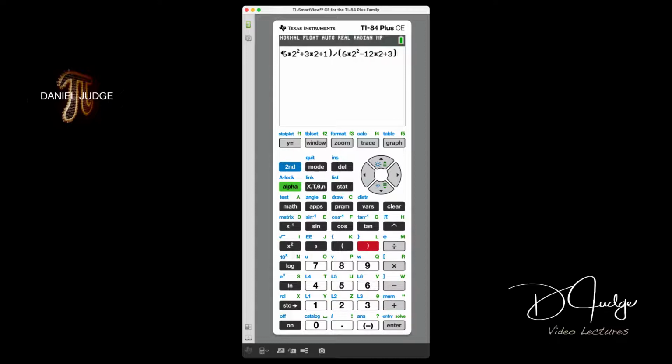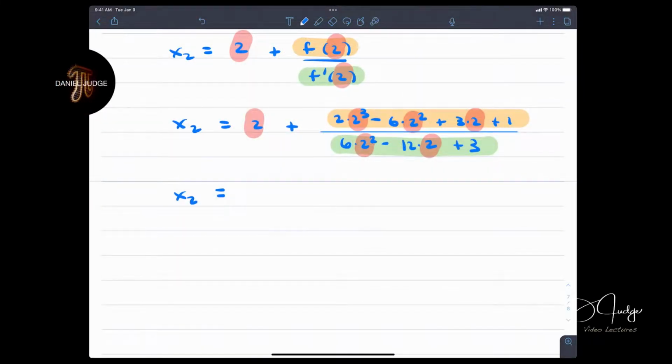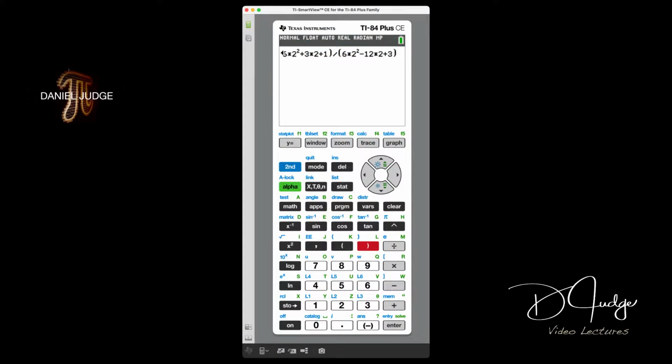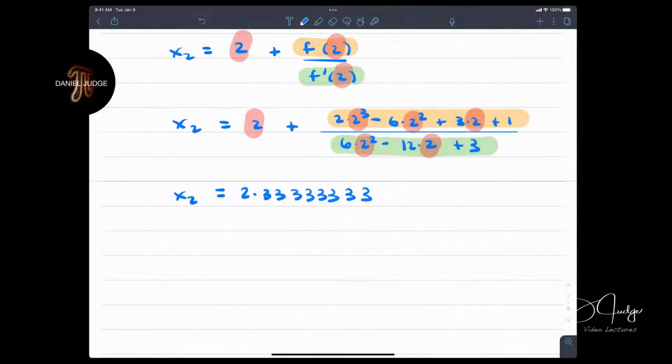Okay, now you can go back and double check as you do this. We look to be okay. And so I'm going to write this down here, ladies and gentlemen. This is 2 point, a whole lot of 3's. It's not the same as 2, but just a whole lot of 3's.